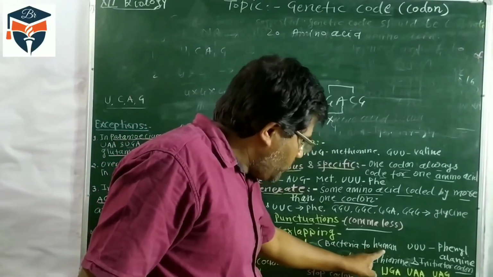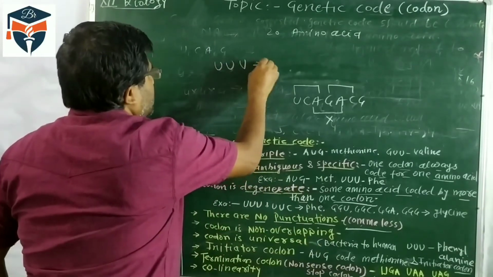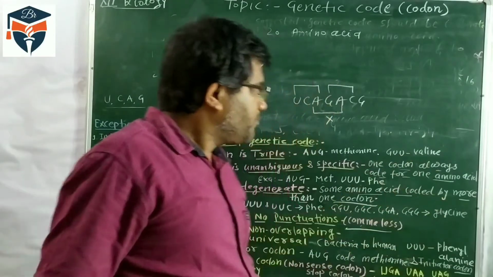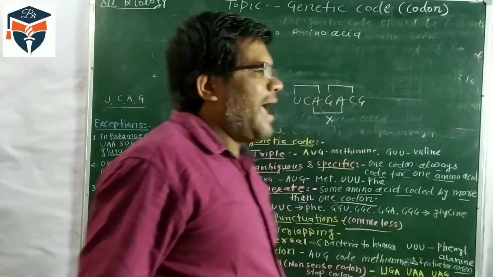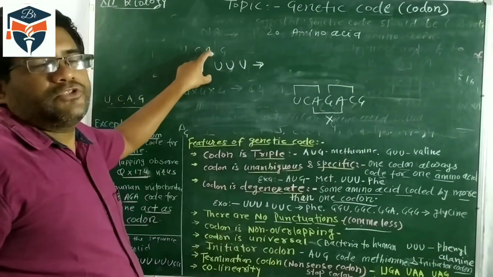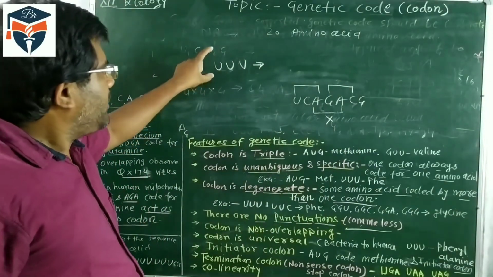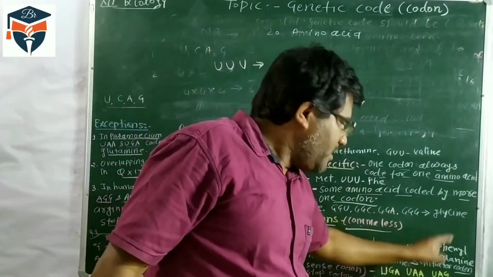Another is that the codon is universal. From bacteria to human beings, universal means the same thing is coded. From bacteria to human beings, UUU is synthesized for phenylalanine. Whether this codon is present in prokaryotes or eukaryotes, UUU always codes for only phenylalanine.